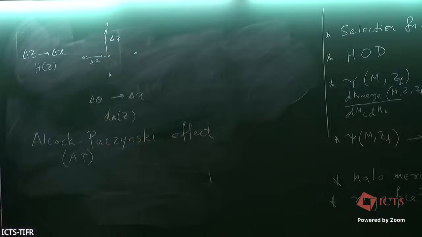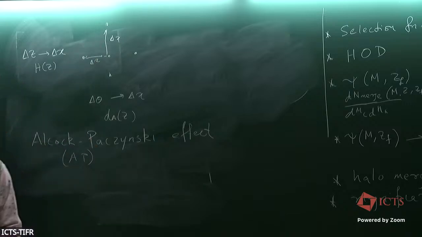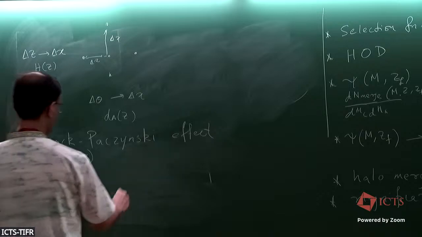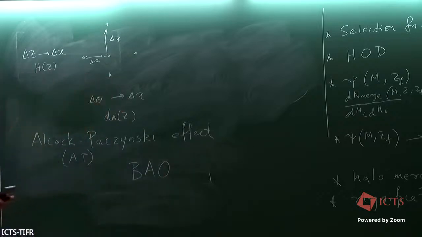But suppose you know intrinsically that there is something which is the same along any direction you look at. What we are looking for is a standard ruler. So you know the size of that ruler, and then you can use that to check for this AP effect. And that usually comes from what is known as BAO, the baryon acoustic oscillations.